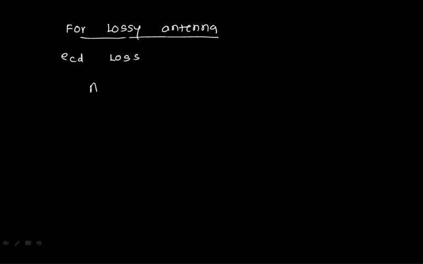So I can write that my effective aperture is equal to ECD into lambda square by 4 pi into D0. So for a lossy antenna with a conduction dielectric loss, now what will happen?